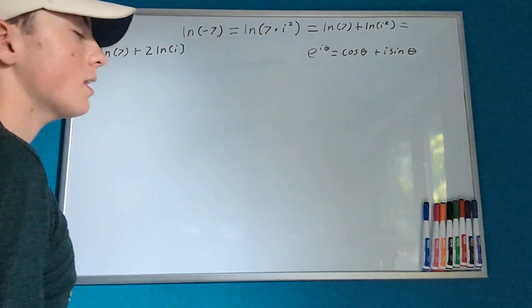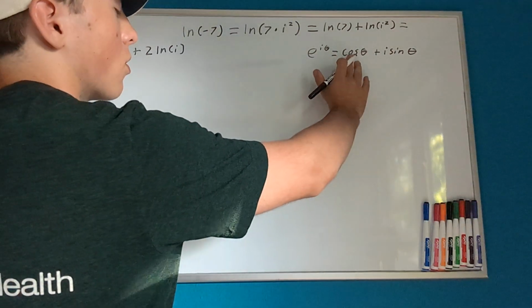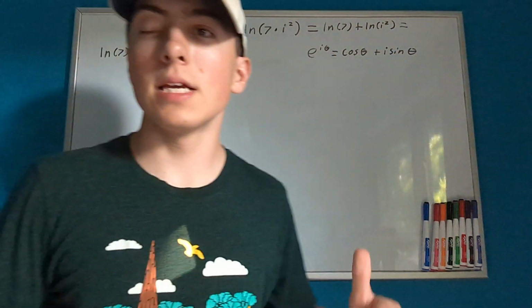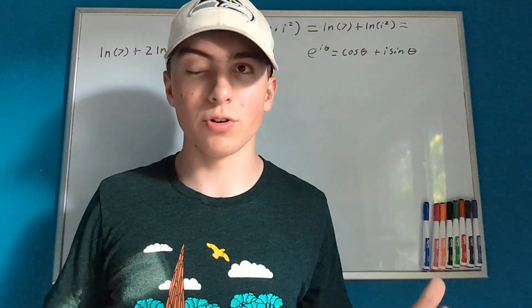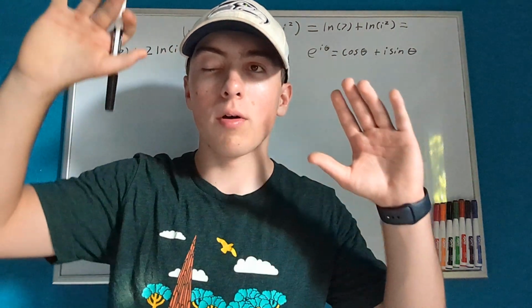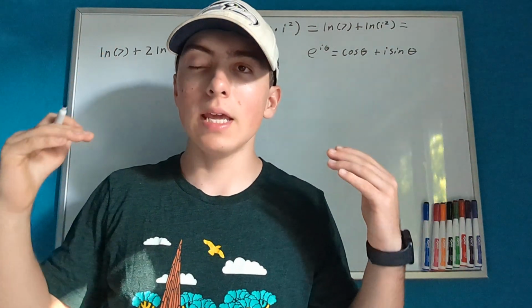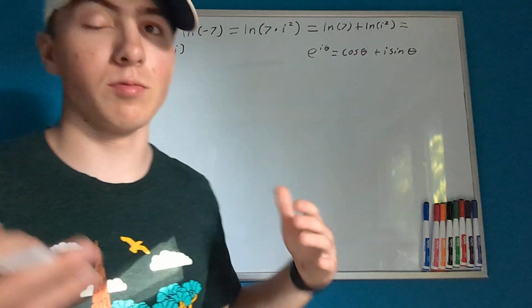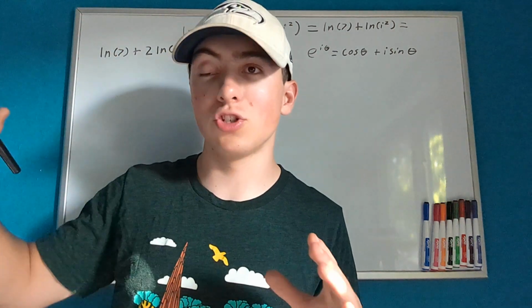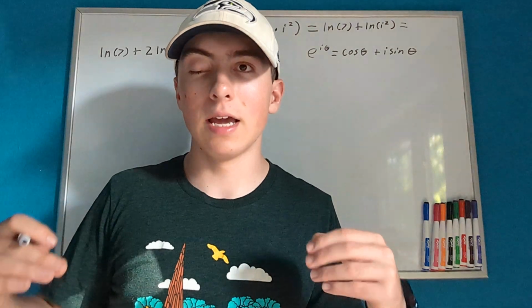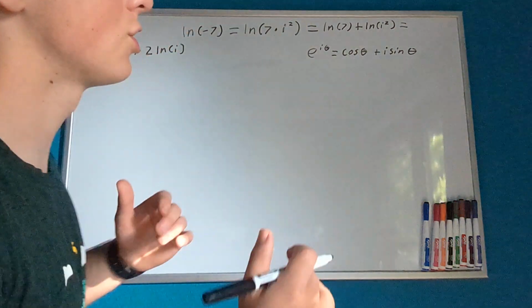Now this is our real part and this is our imaginary part. And we want this to be equal to i because we're trying to rewrite i. So if you look on the unit circle and you think, okay, when does cosine equal 0, our real part equals 0, and when does our imaginary part equal 1? And if you look on the unit circle, you'll see that our angle is pi over 2.